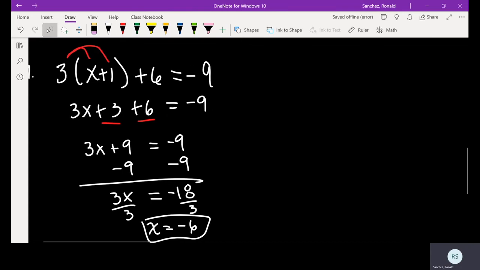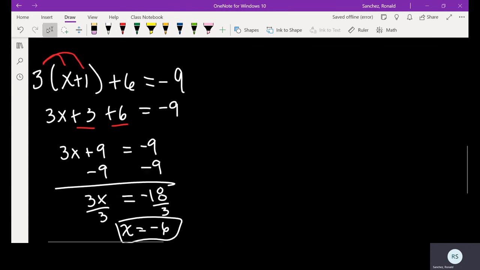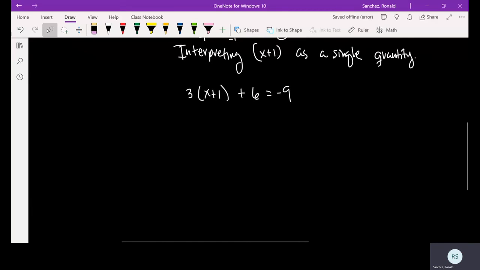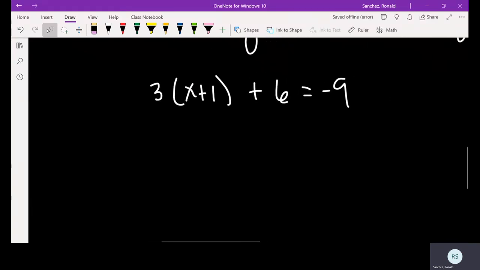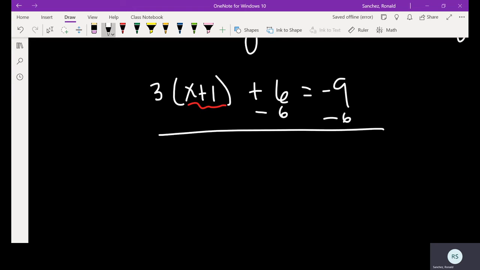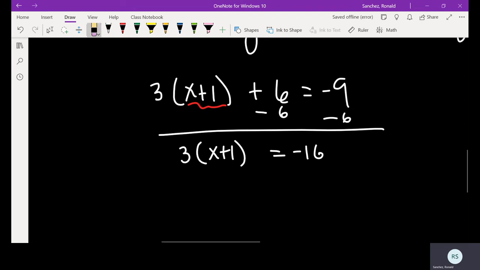If you got -6 using distribution, you are correct. Now let's take a look at this one. We're going to do it by treating x plus 1 as a single quantity. So what you should have done was subtract 3 on both sides, and that would have left you with 3 times (x plus 1) equal to -9 minus 6, that is -15, not 16, -15.